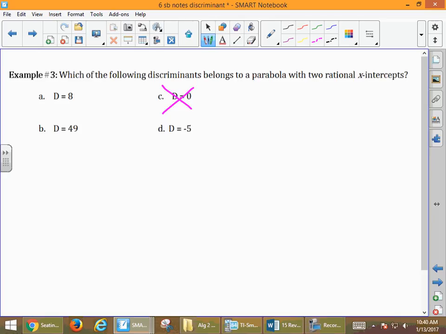And it's not going to be negative 5, because negative 5 is going to have imaginary roots. So now we narrow it down to answers A or B, and we've got much better odds of getting it correct. Which one is it? Why is it B? Jordan? Because 49 is a perfect square.